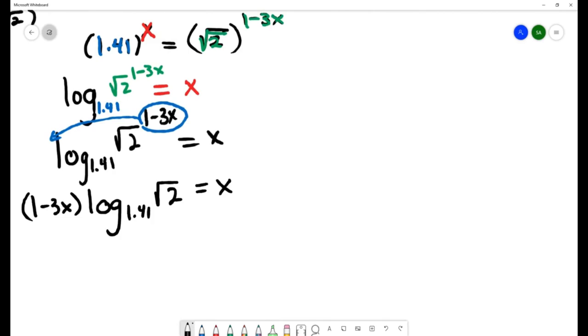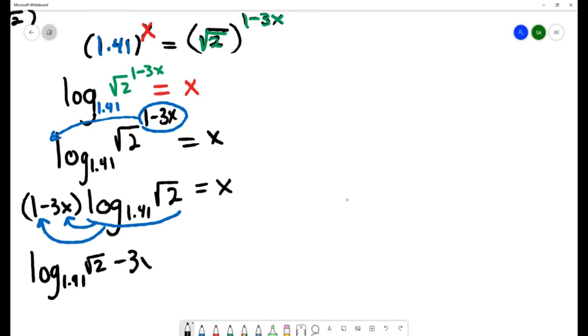I'm going to use the distributive property. I'm distributing this log to both of these terms. That would give log base 1.41 of square root of 2 minus 3x log base 1.41 of square root of 2 equals x.